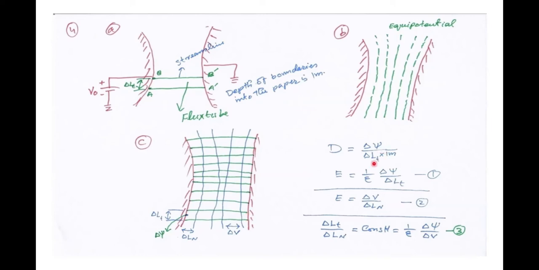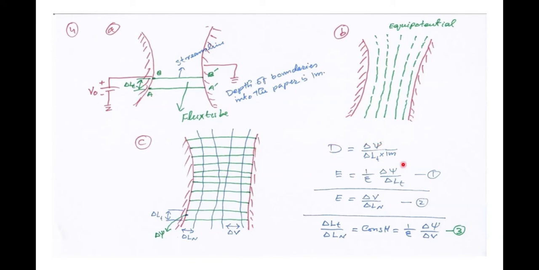So delta psi divided by delta LT. Delta LT represents the tangential length of the flux tube along the boundary, and the depth of the conducting boundary into the screen is 1 meter. So this represents coulomb per square meter, which is the unit of electric flux density.